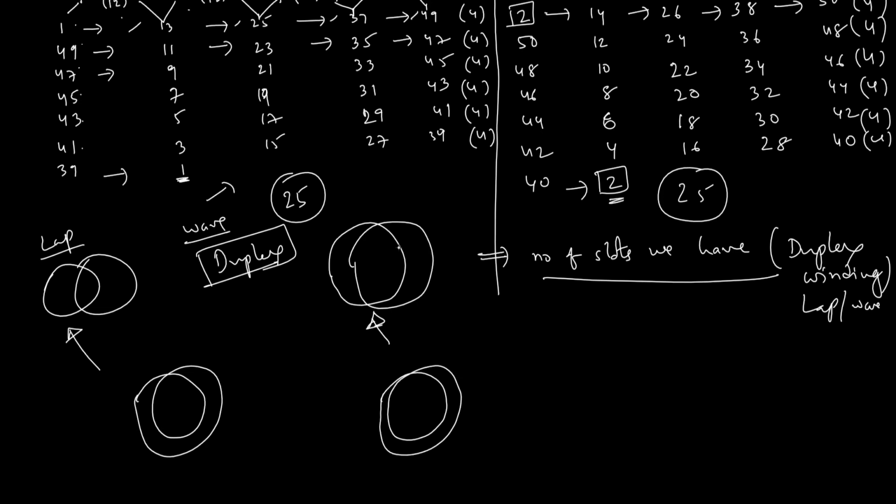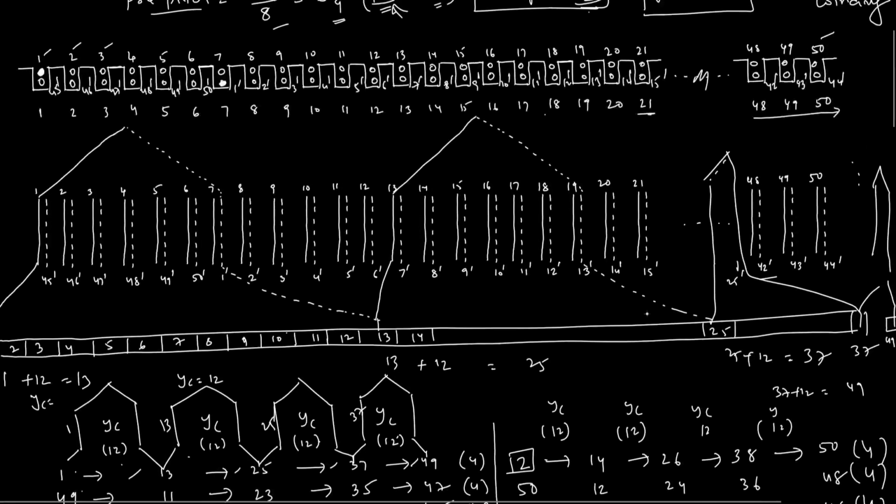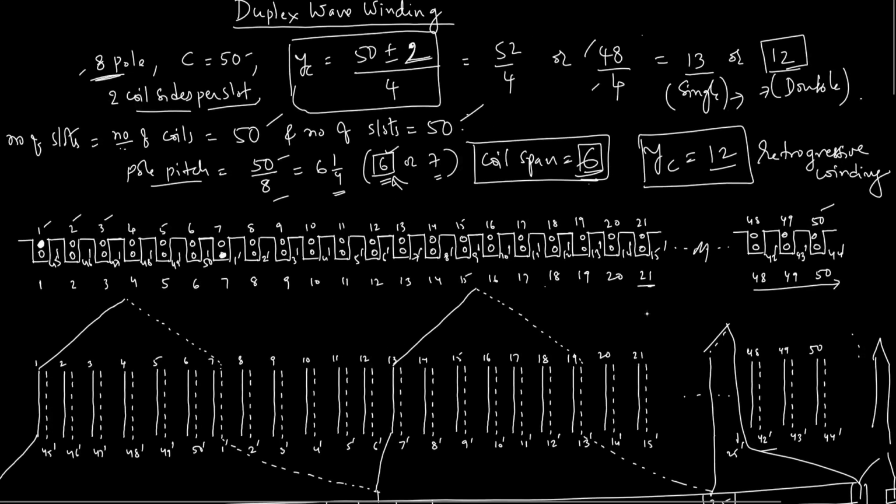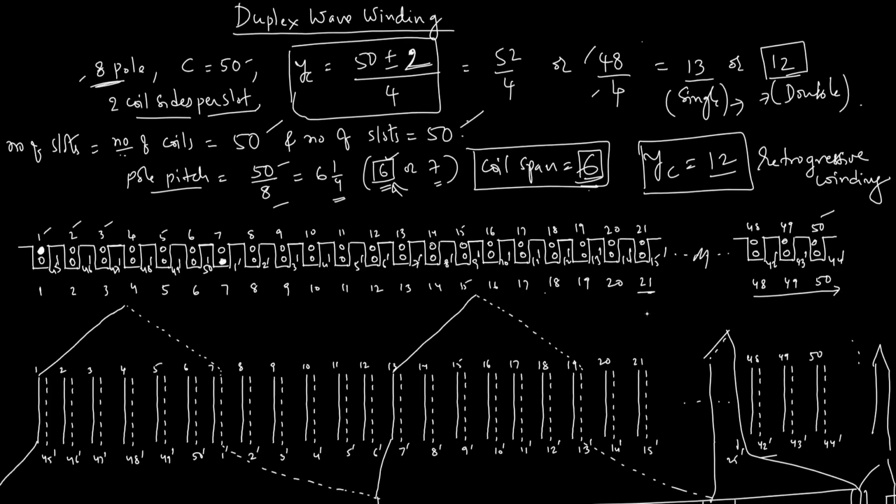Now I started this example with commutator pitch as 12, and I said double winding. With commutator pitch 12, I was able to draw two separate circuits like this.